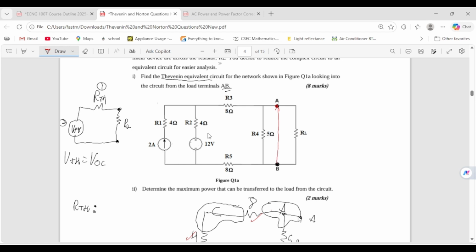Sadly for us, this 8 ohm is preventing me from just slapping one big ground at the bottom here, right? Because this node here wouldn't give me much value if I put it as 0.